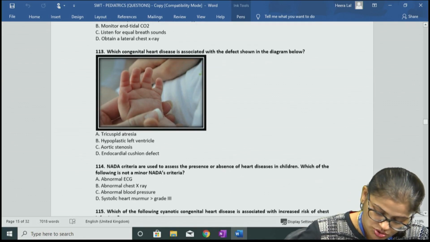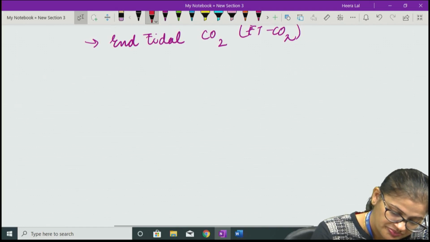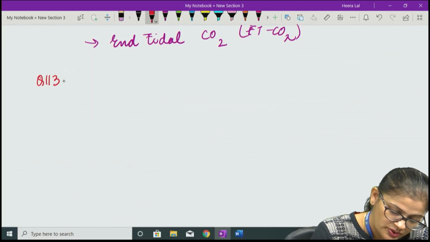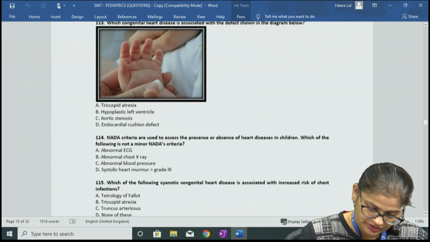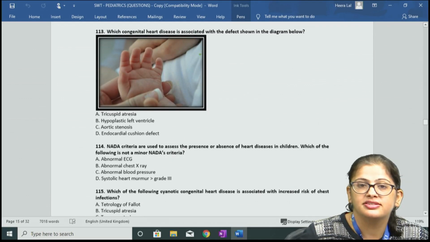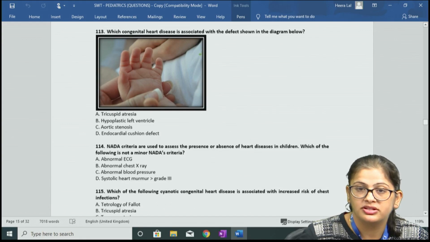Now we come to question number 113, which was: which congenital disease is associated with the defect shown in the diagram below?